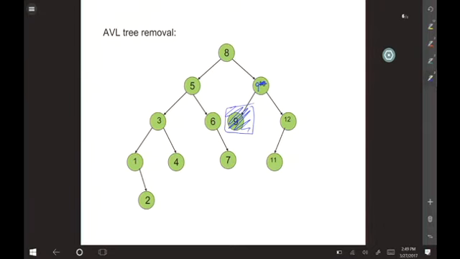What kind of rotation fixes the imbalance here? It's some kind of left rotation. What kind? A right followed by left rotation. So we're going to do a right rotation here and a left rotation here.